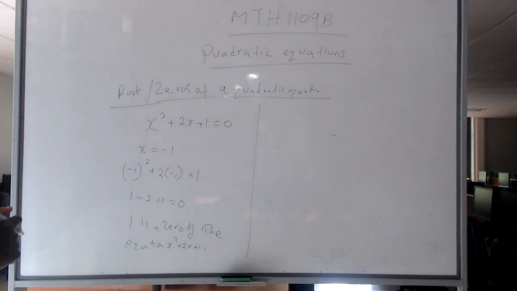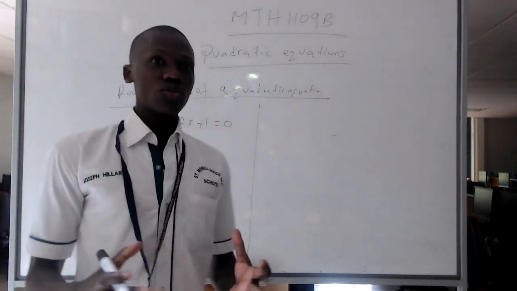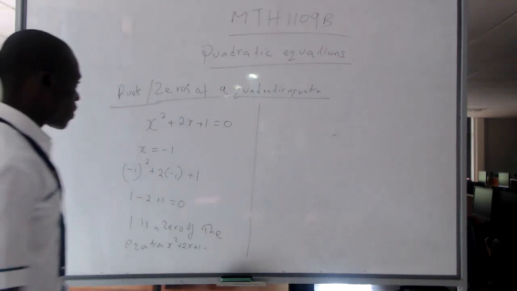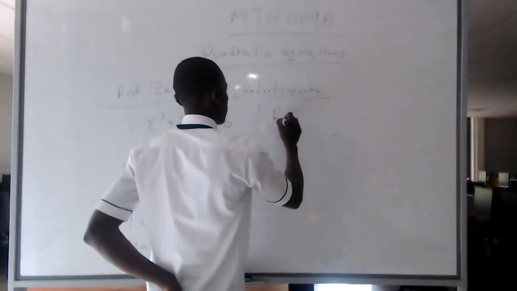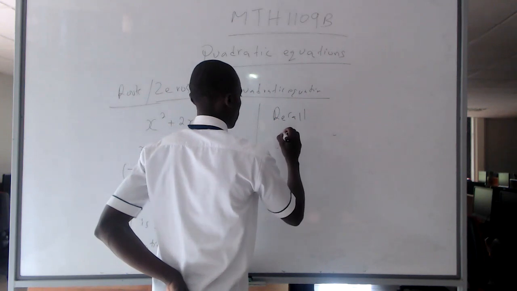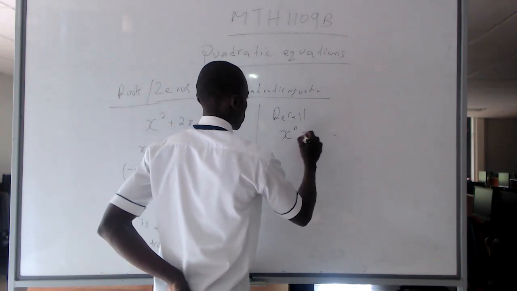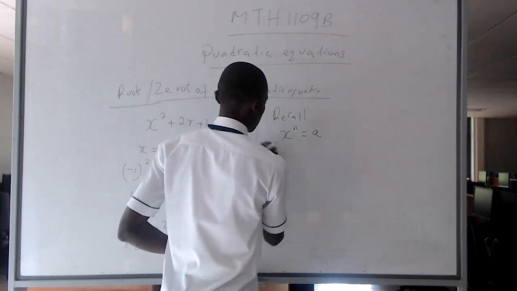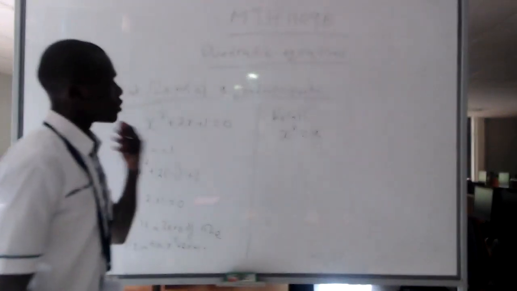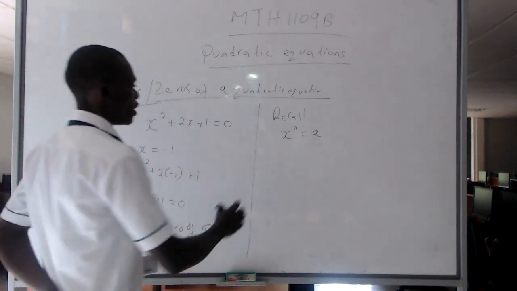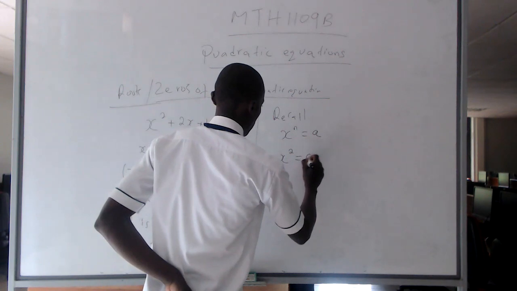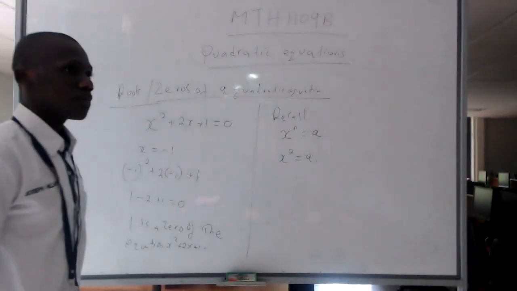So now the big question is, now that we know what zeros or roots of equations are, how do you obtain them? Recall, previously we have studied equations of the form x to the n is equal to a. In particular, for n equal to 2, x to the 2 is equal to a.